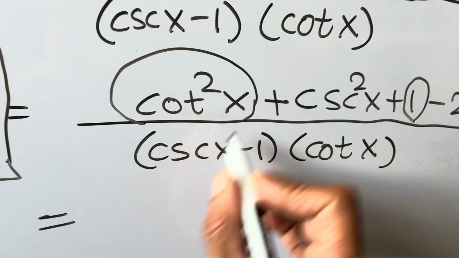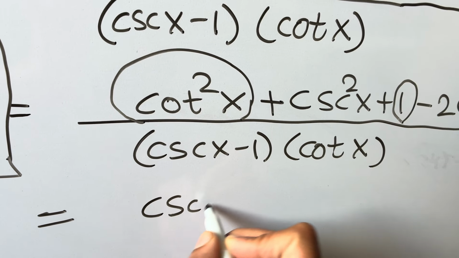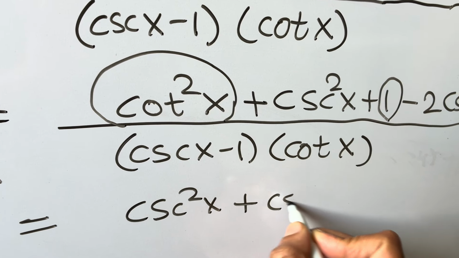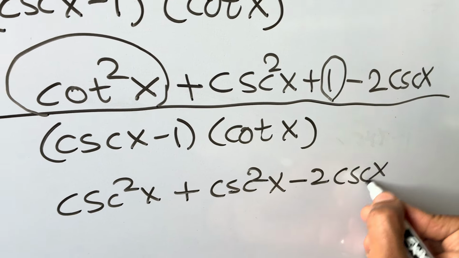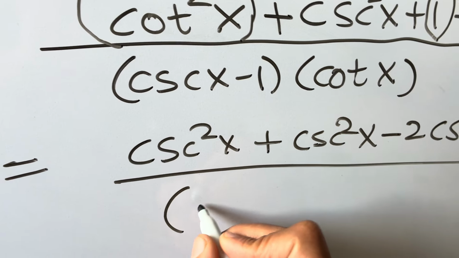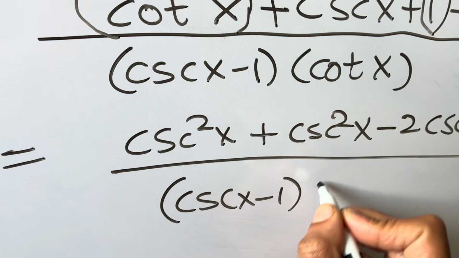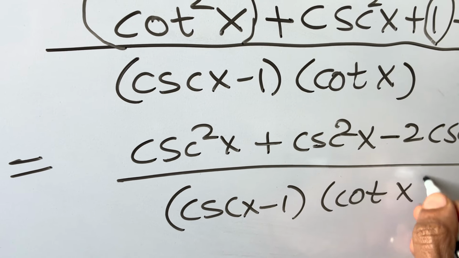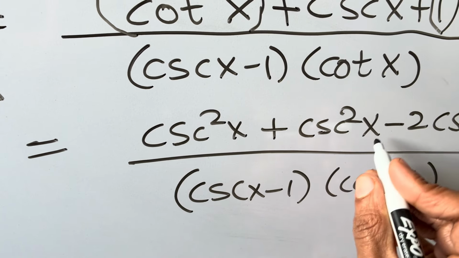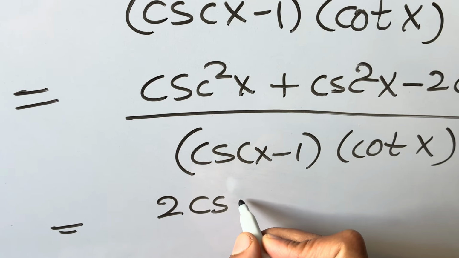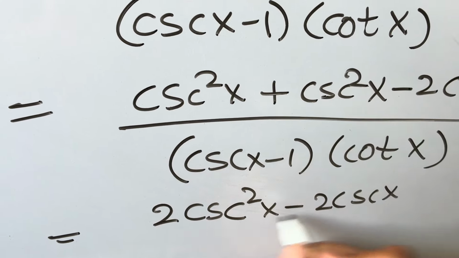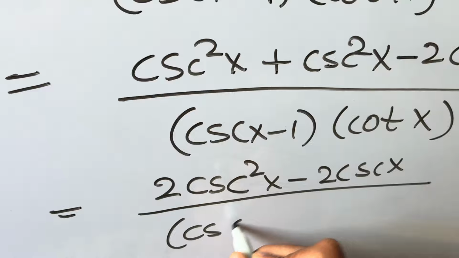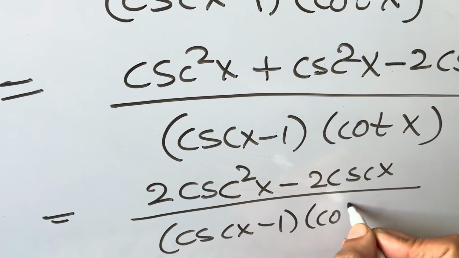So I'm going to substitute that identity here, and for 1 plus cot square x I'm going to write cosecant square x, and I have one more cosecant square x here, and I also have minus 2 cosecant x. So I'm going to write down my denominator as it is here, and cosecant square x plus cosecant square x is nothing but 2 times cosecant square x minus 2 cosecant x over cosecant x minus 1 times cot x.